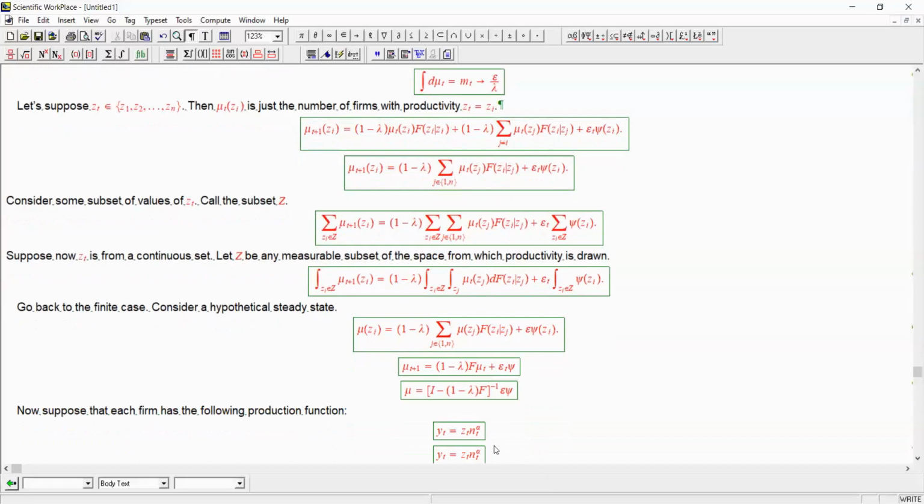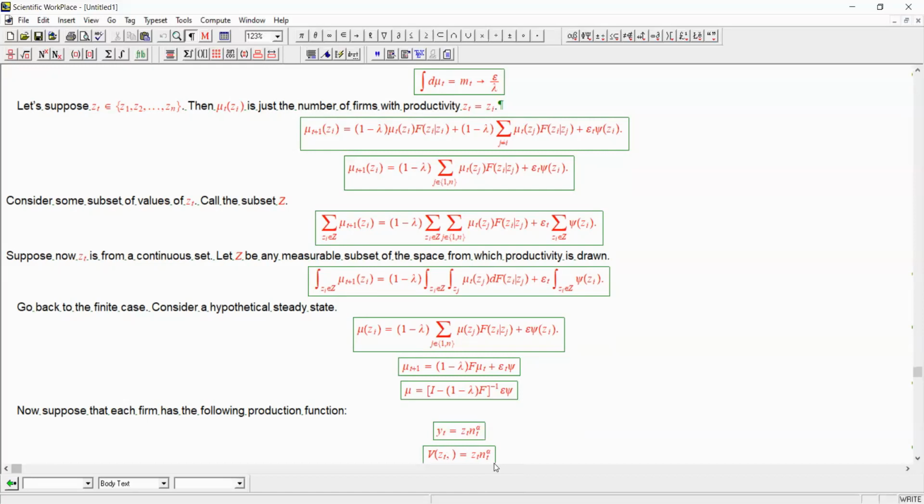Next, we want to write down the value function for a firm. And a firm in this environment maximizes, let's call its value function v. And v depends on two things we have to be careful about. One is the state variable at the firm level itself, which is going to be its productivity. But there's another state variable here.